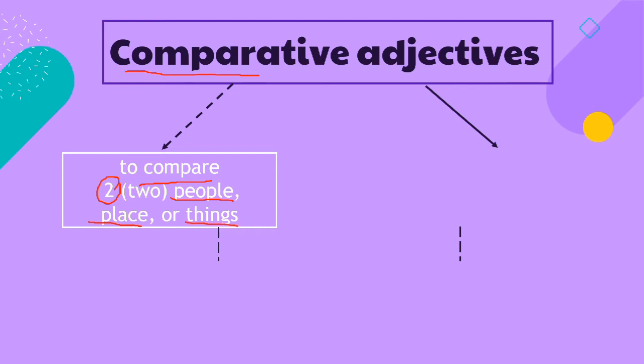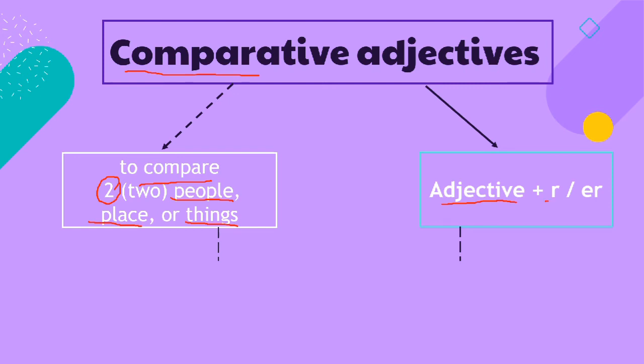Once again, comparative adjectives we use to compare two people, two places, or two things.